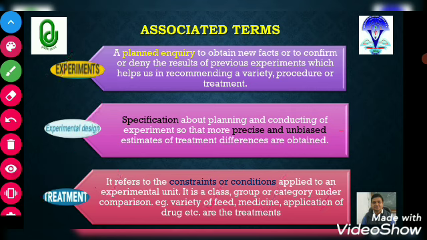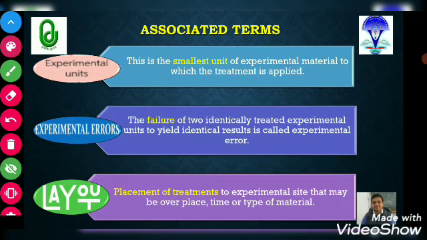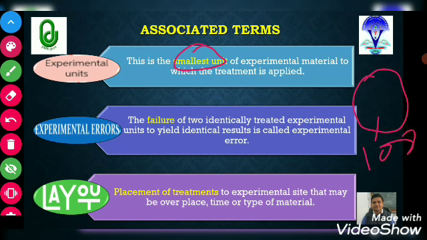Another term related to this is experimental units. What are experimental units? As of now you might be in a position to tell what the experimental units are. This is the smallest unit of experimental material to which the treatment is applied. Suppose you have a group of 100 animals. Within the group, you form two groups.